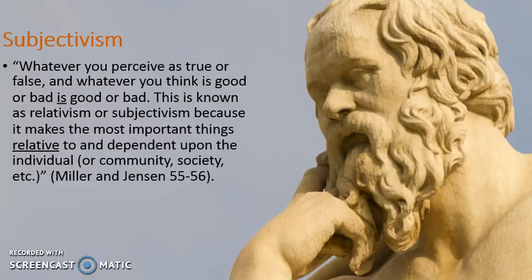And this is known as relativism or subjectivism because it makes the most important things relative to and dependent on the individual or the community or the society. So sometimes we don't decide what's good or bad. The society decides what's good or bad for us.